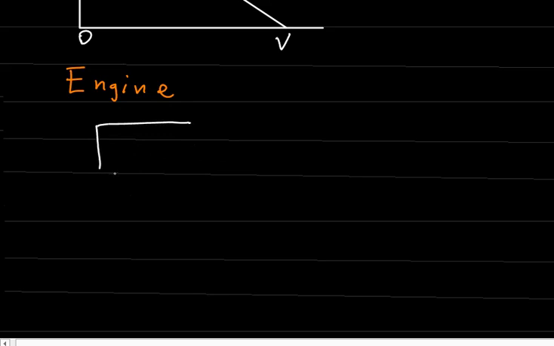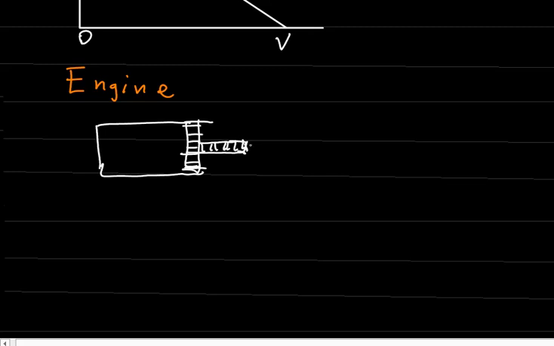Now, let's say this is your piston cylinder arrangement. Now, the movement of this piston is such that it will do an external work.